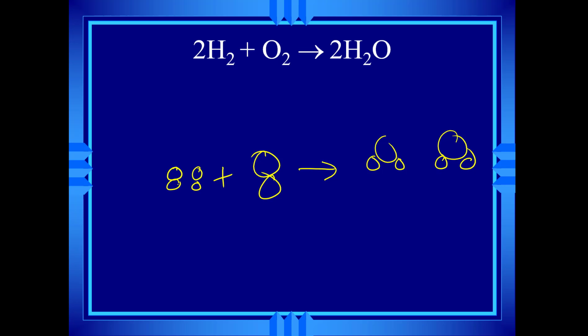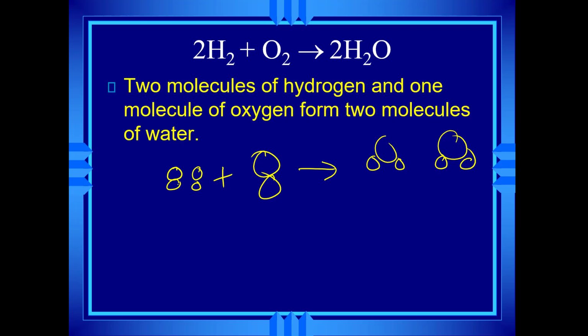Now, that's it in pictures. We got to say this, but remember, this is a sentence. So to say that as a sentence, I would say there are 2 molecules of hydrogen and 1 molecule of oxygen make 2 molecules of water.